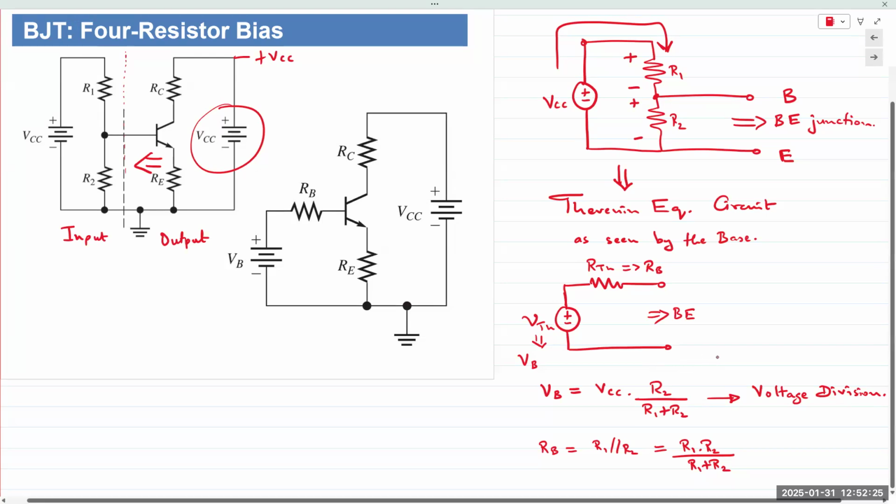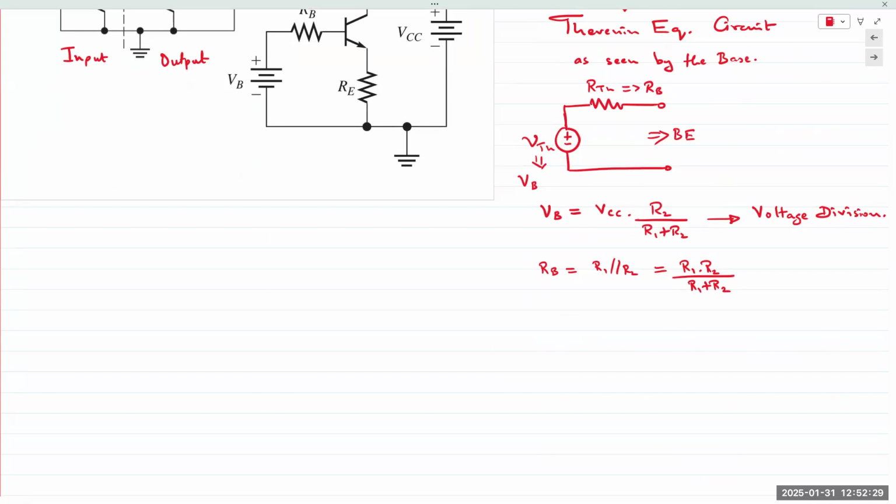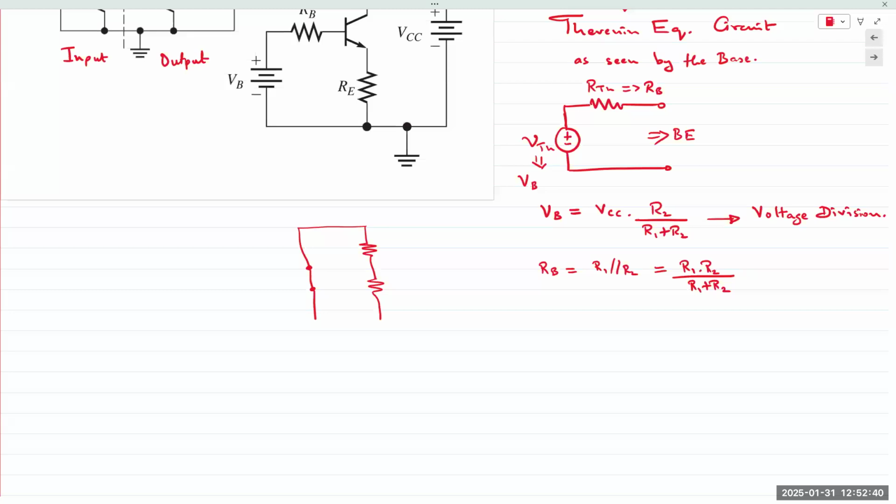To find RB, everyone remember this? Maybe not. We replace all voltage sources with a short circuit, and we find REQ between our terminals of analysis.